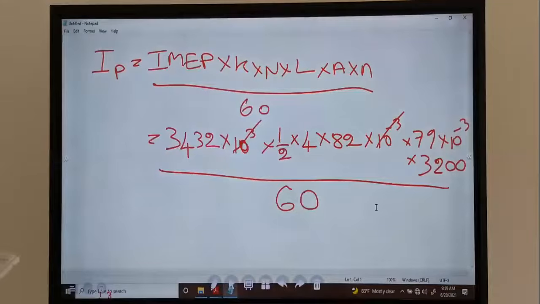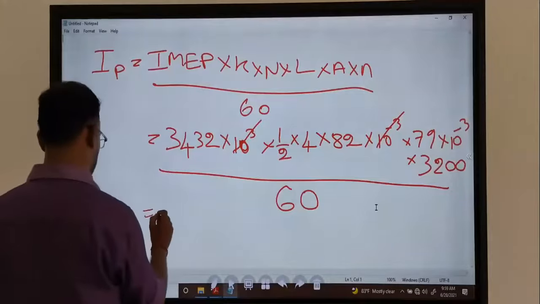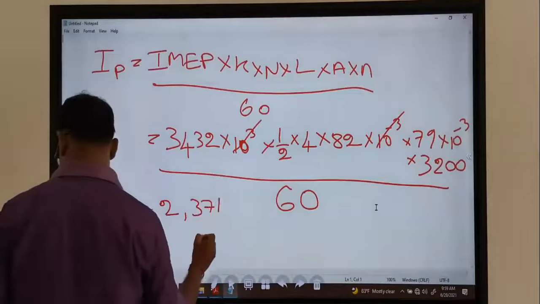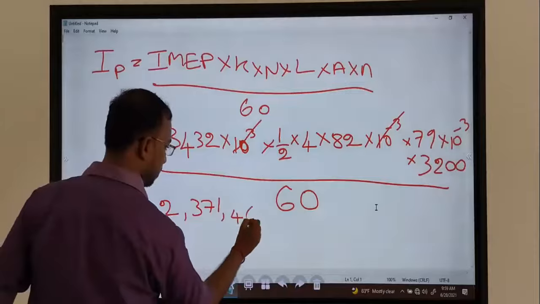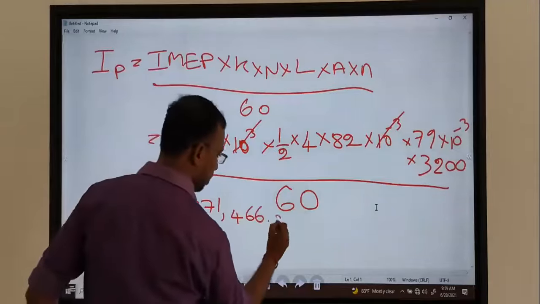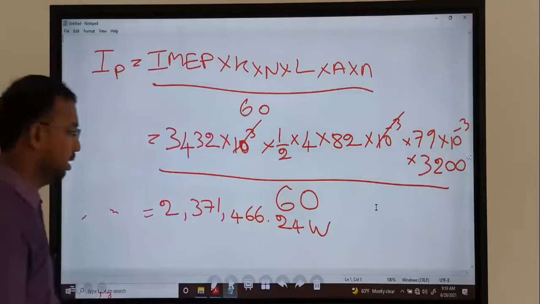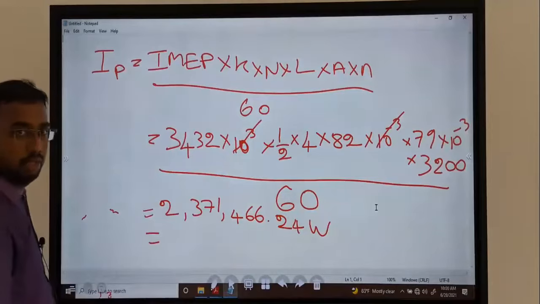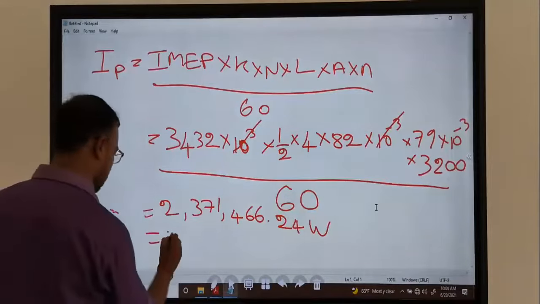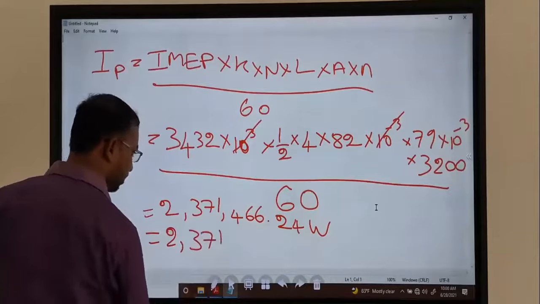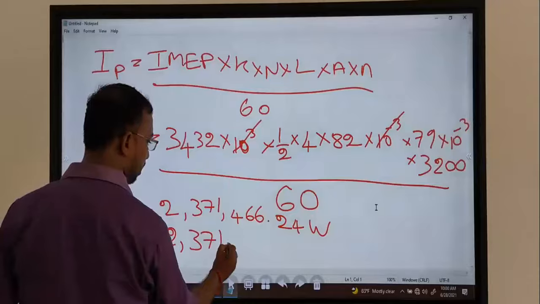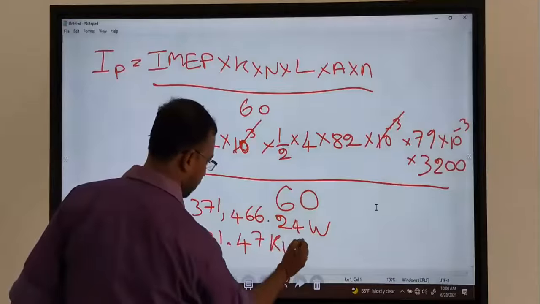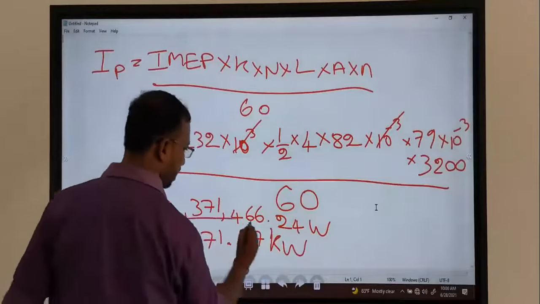So the answer will be in watt. I already told you we have to give the answer in kilowatt, so 371.47 kilowatt. So this is the answer.